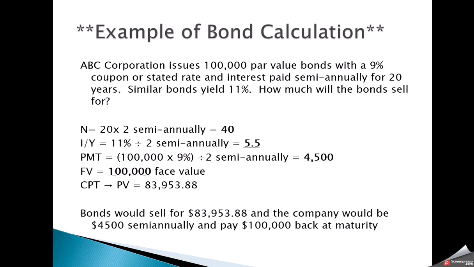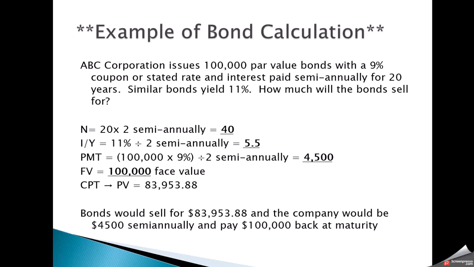The payment is going to be the $1,000 par value times the 9% coupon or stated rate, and that would be $9,000 a year, but in this case they're paying it out semi-annually, so we need to divide it by 2. So that's $4,500 each 6 months. The face value of the $100,000 is what the company owes back at the end, so that is our future value, and we'll compute the present value.